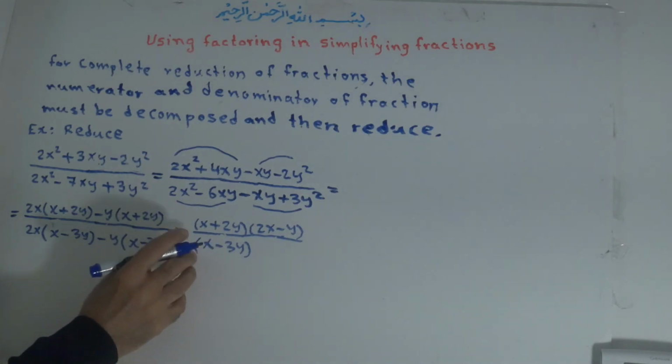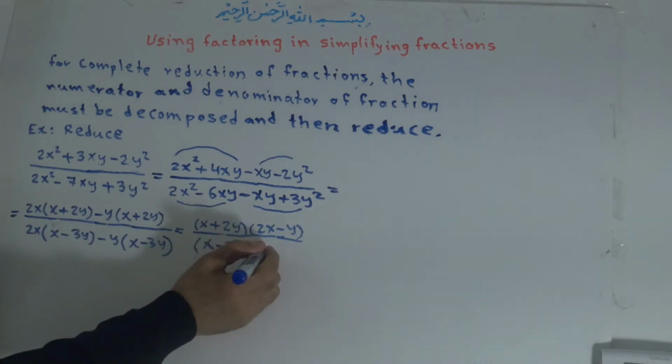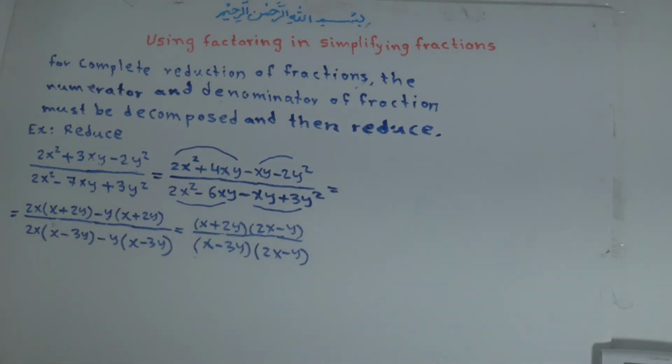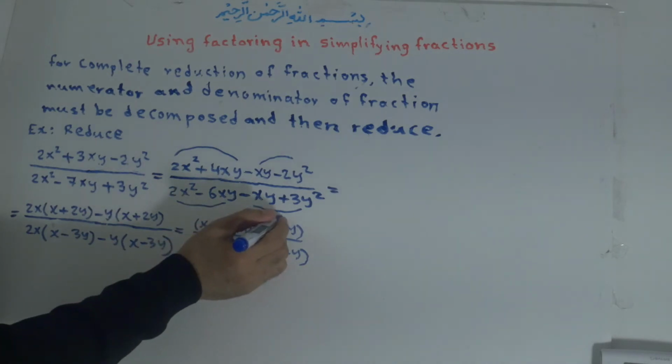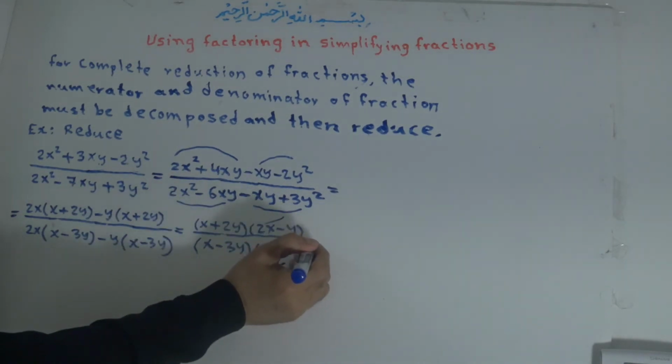And here what is remaining? 2x minus y. Now we reduce 2x minus y with 2x minus y. What is remaining here?